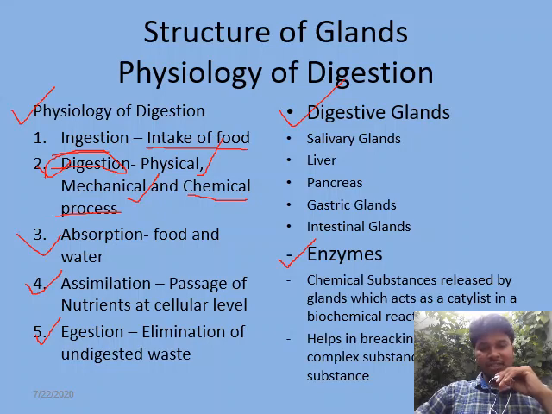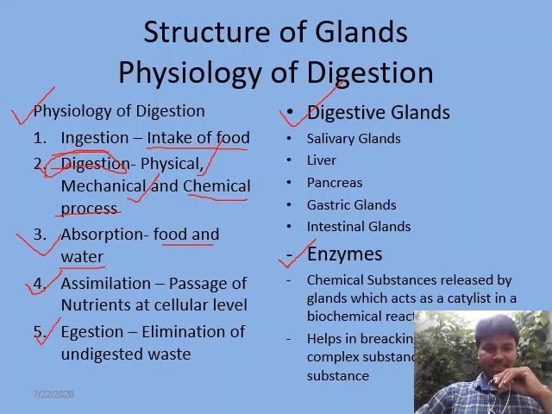Okay, next we learn about the absorption. Absorption is done in the small intestine. Here, whatever the broken down simple soluble substances or food molecules are there, they get absorbed and enter into the bloodstream. The water that we take also gets absorbed in the small and large intestine.